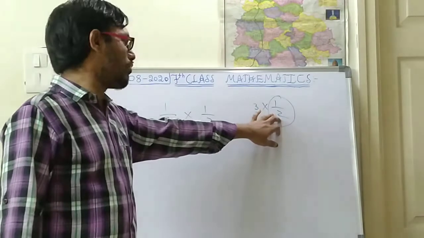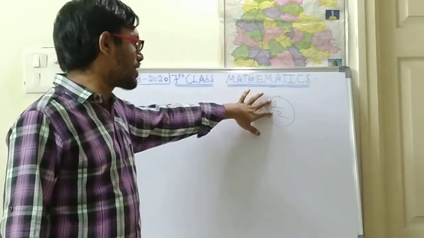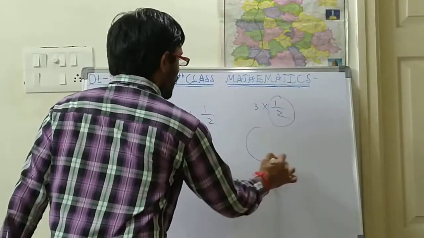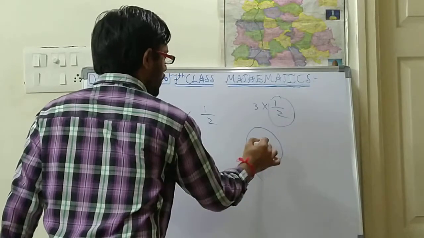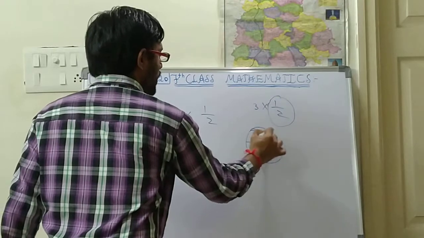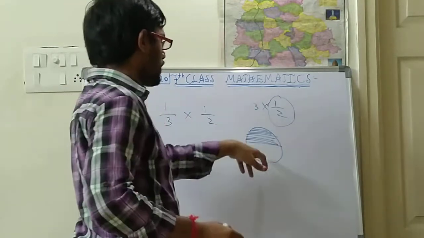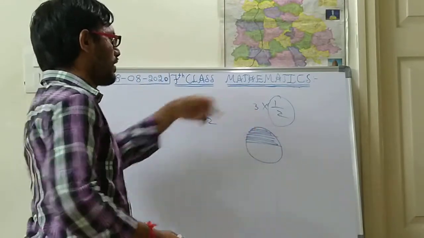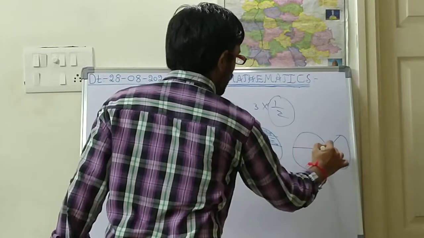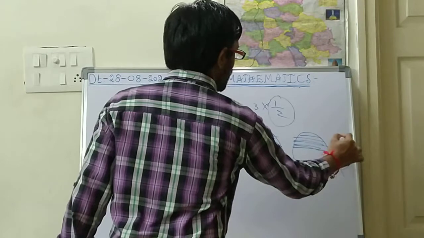A circle with 2 parts and 1 part shaded: in a circle there are 2 parts, and one part is shaded. Like this we have taken 3, so 1, 2, 3. Is it right, children?